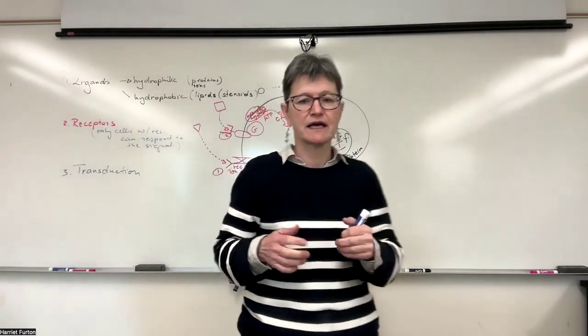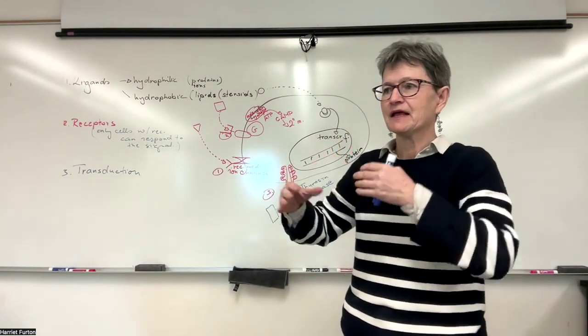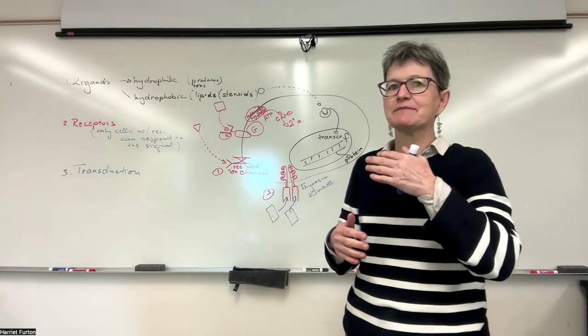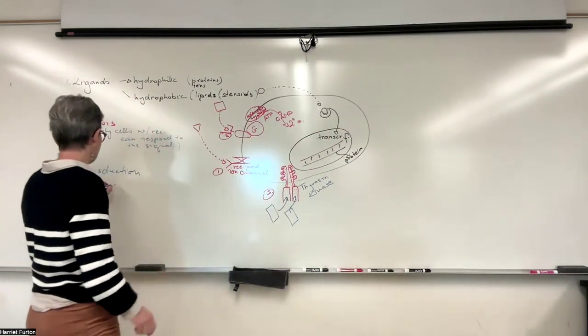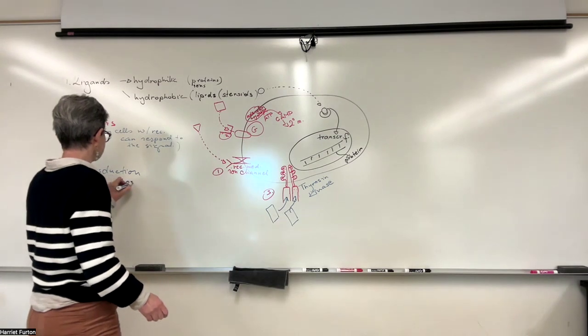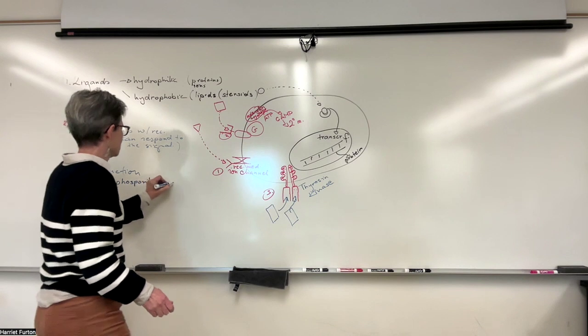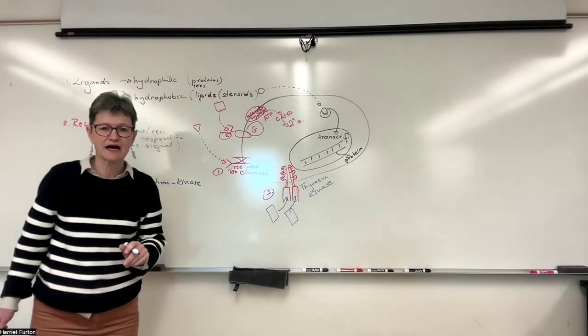Transduction is a cascade mechanism, like enzymes activating other enzymes or blocking other enzymes. It can be done by phosphorylation. Enzyme named kinase. There are many, many different kinases.